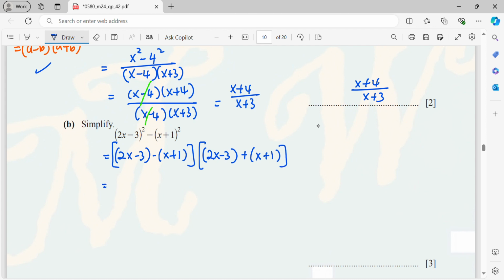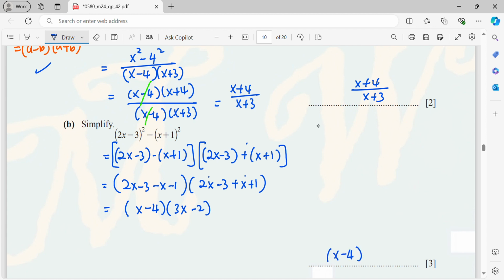Open the brackets: 2x minus 3 minus x minus 1, and then 2x minus 3 plus x plus 1. At last, 2x minus x is x, minus 3 minus 1 is minus 4. The other one is 2x plus x, which is 3x, and minus 3 plus 1 is minus 2. So you will be getting x minus 4 multiplied with 3x minus 2.